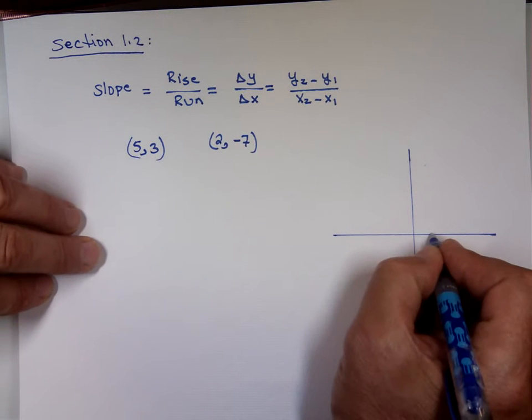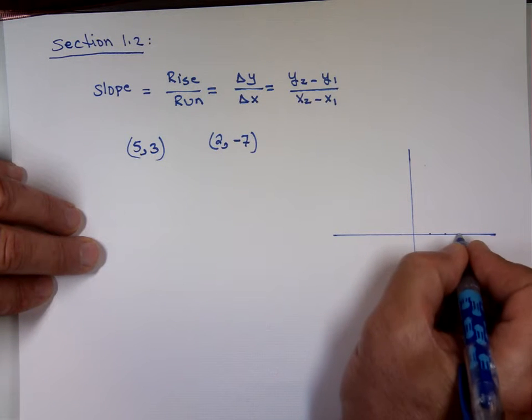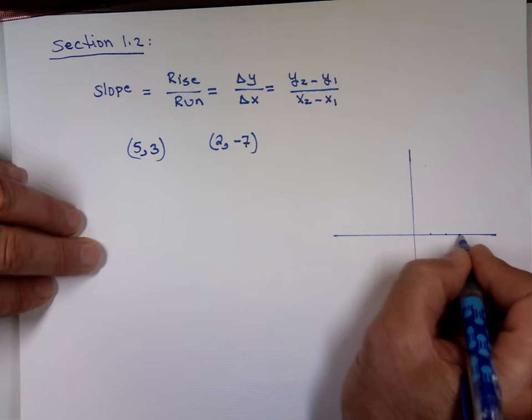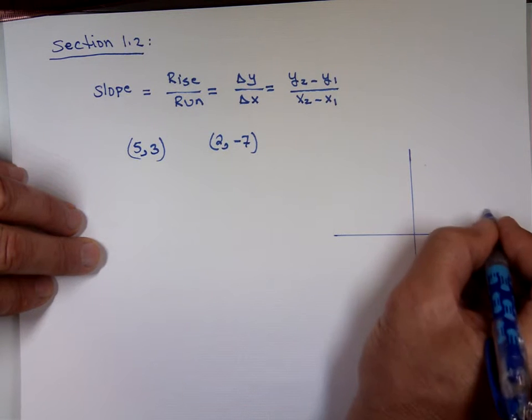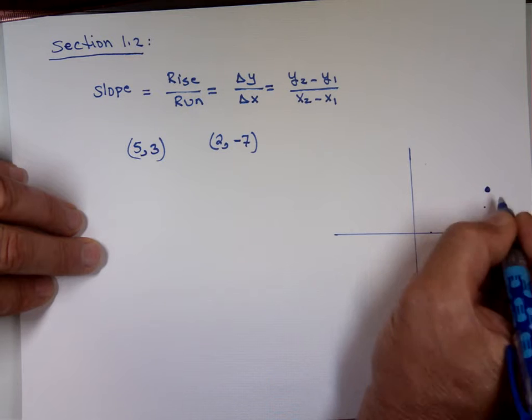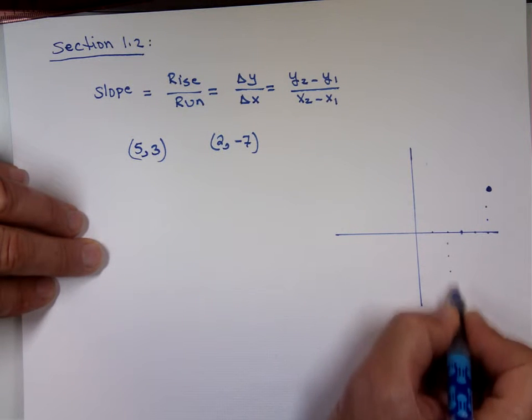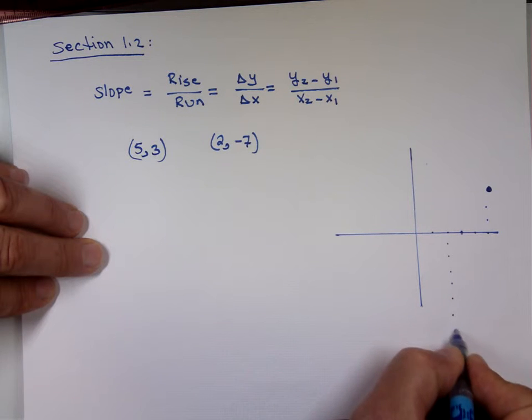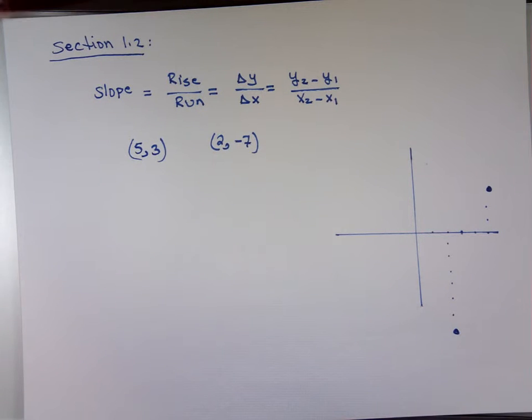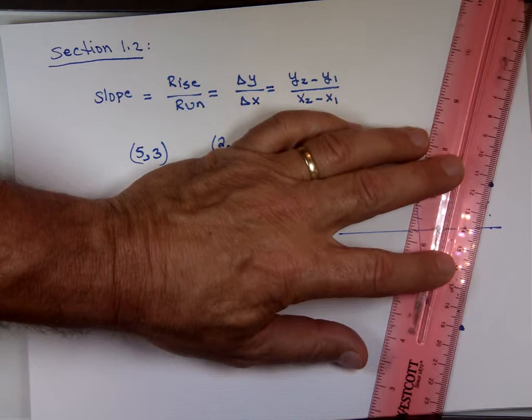Five and 3, 1, 2, 3, 4, 5. Right here, 2 and negative 7, down here. So if you graph the line that goes through these points, it looks like this.